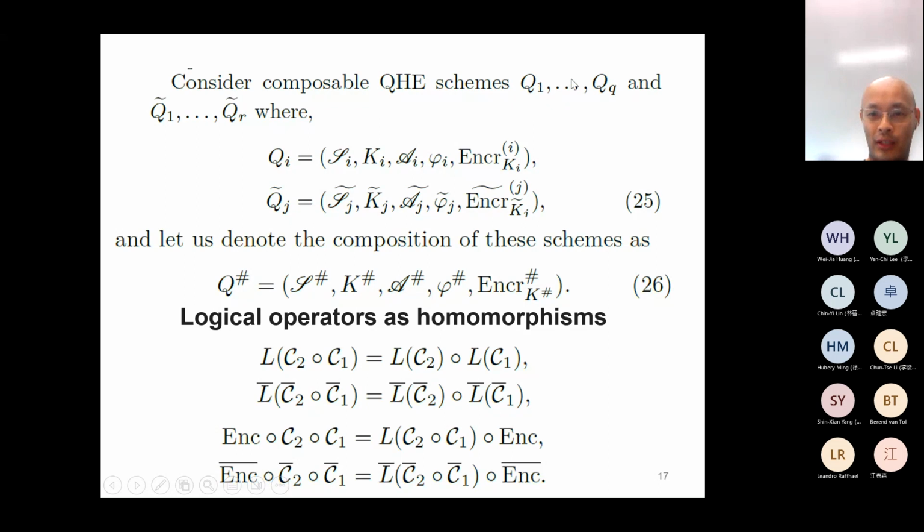So you have some Q1 to Qn and the Q tildes, the normal schemes and the tilde schemes, and you put them together. All of the Qs without the tildes are going to hold, for example, the quantum data, and the Q tildes are going to hold no information. So then you can put it in the code later.